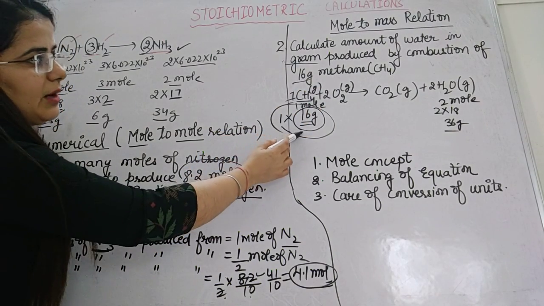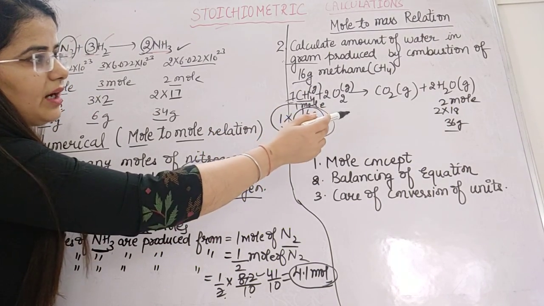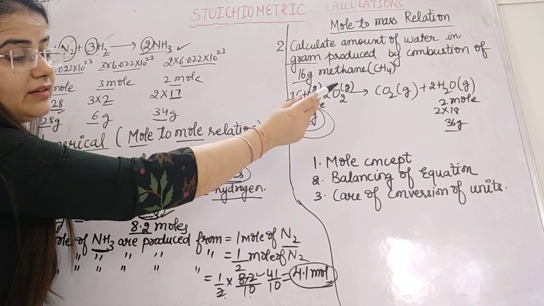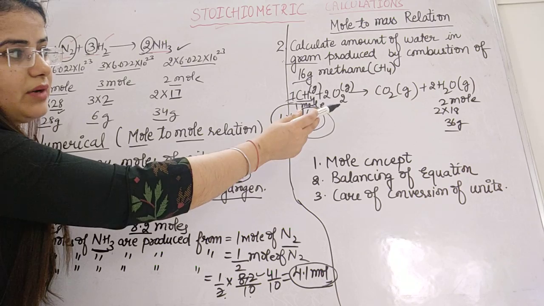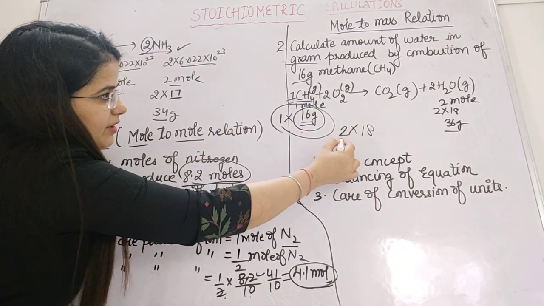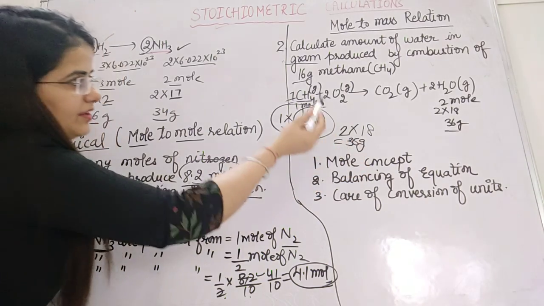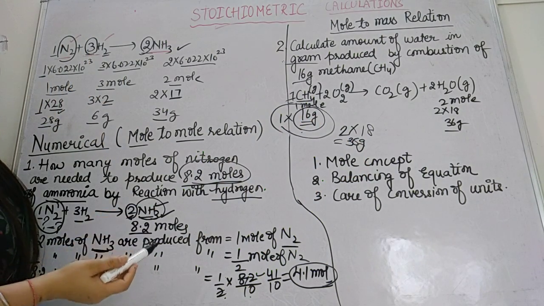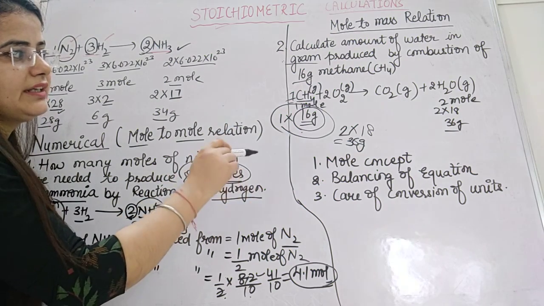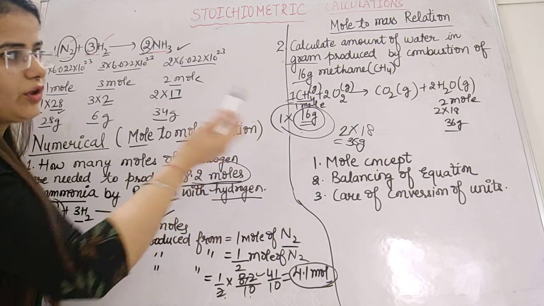So if 16 gram of methane is there, how many grams of water will be there? You can see 2 moles, and the molecular mass of water is 18 gram, so 2 into 18. It will become 36 gram. So it is very clear from the equation that if 16 gram of methane undergoes combustion, then you will get 36 gram of water.